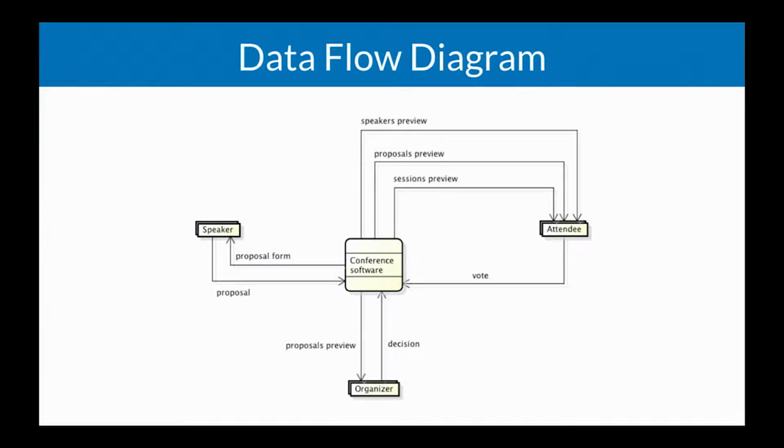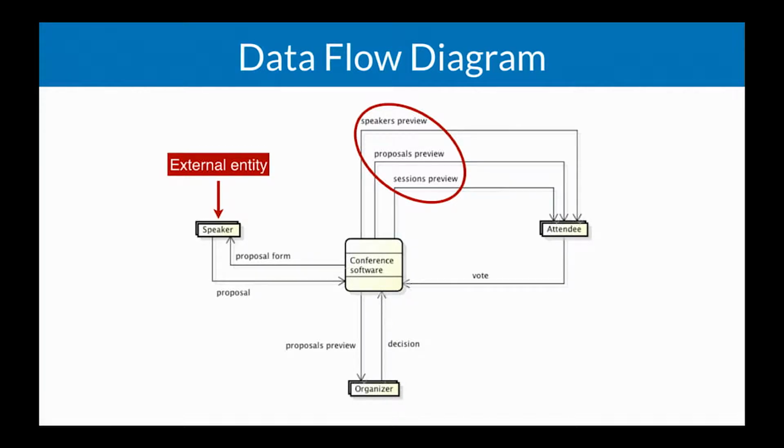So all the cases that you've seen have now been translated into actual data, the data that flows in and out. So you can understand in which direction it goes. And that's very useful because if you look at those outputs, what they tell you is that you will probably need to design some sort of an interface for that.